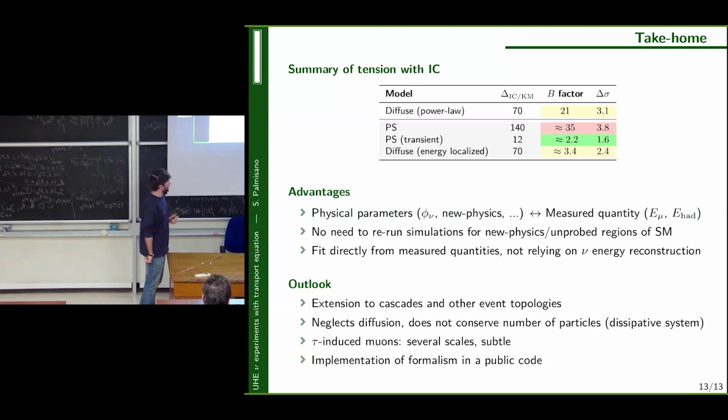And on the outlook side, there are several directions along which we can go now. One somewhat easiest thing to do is to extend the formalism to other event topologies. Then, as I told you, there's this sort of tricky point.